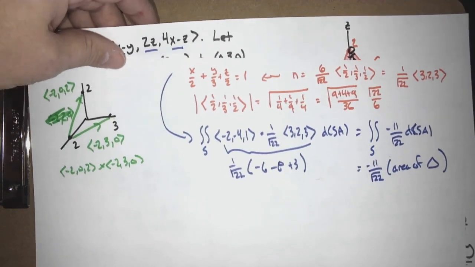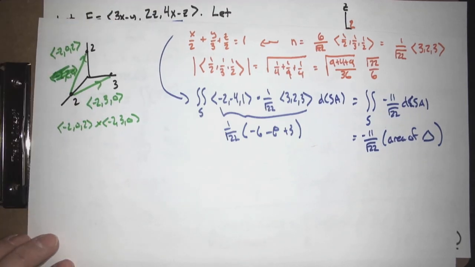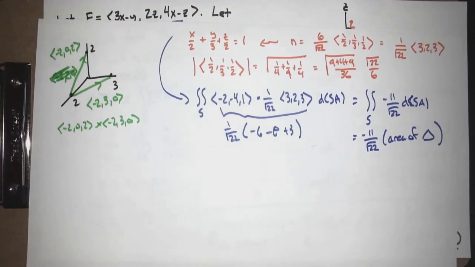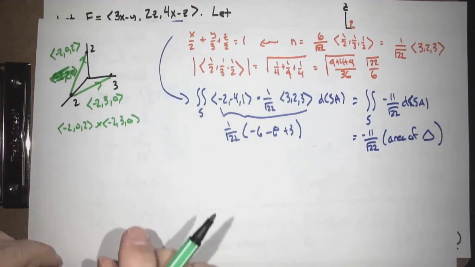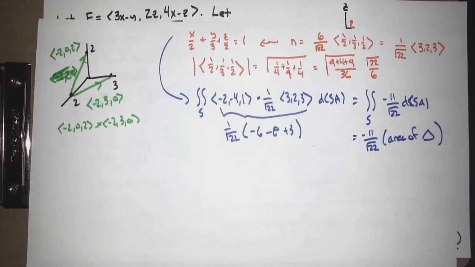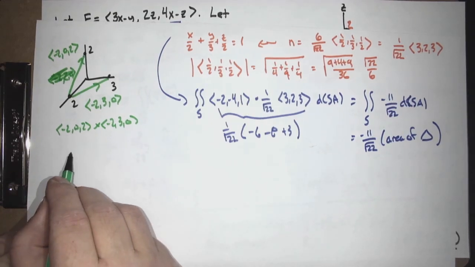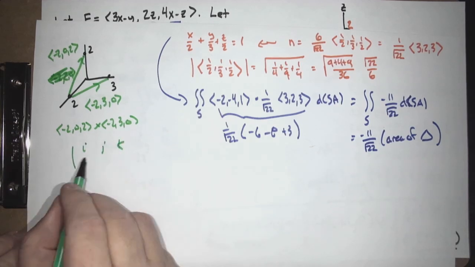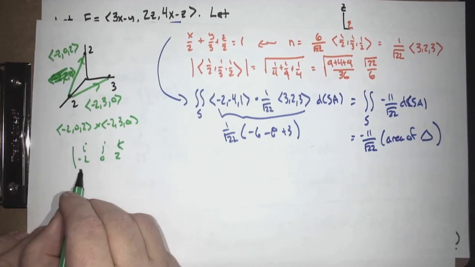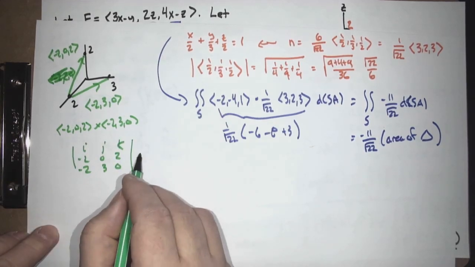Let's see. I'm kind of curious if we're going to get the same answer. I'm invested now. I want to know. I have predictions for how much area it will be, but I want to know. Okay, so i, j, k, -2, 0, 2, -2, 3, 0.